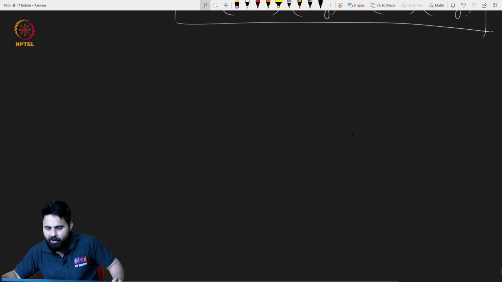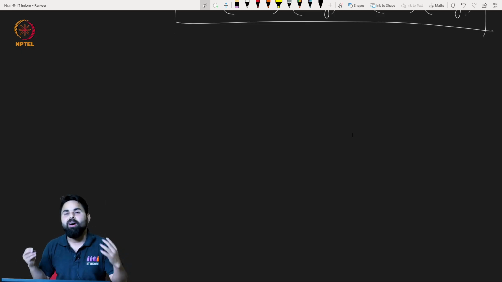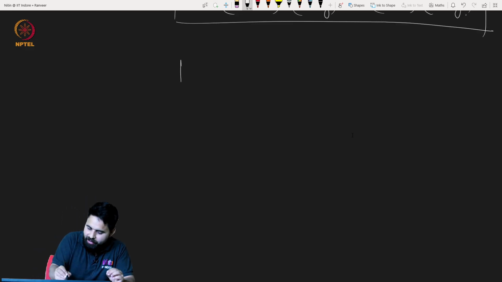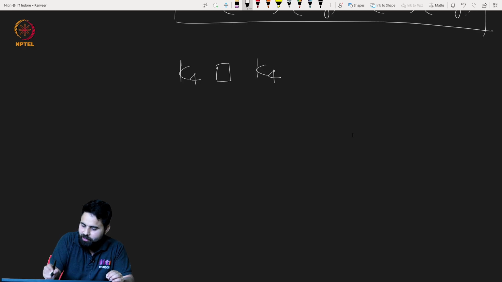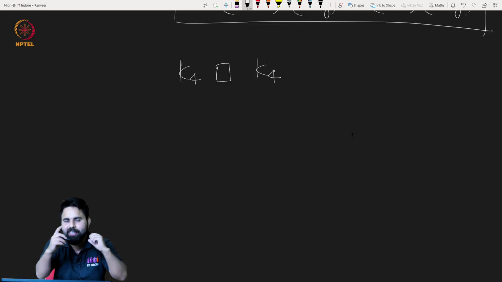So let me now take the case of the Cartesian product of K4 with K4. K4 is the complete graph on 4 nodes. Let us take the Cartesian product with this. So what will this be? Let me actually draw it.